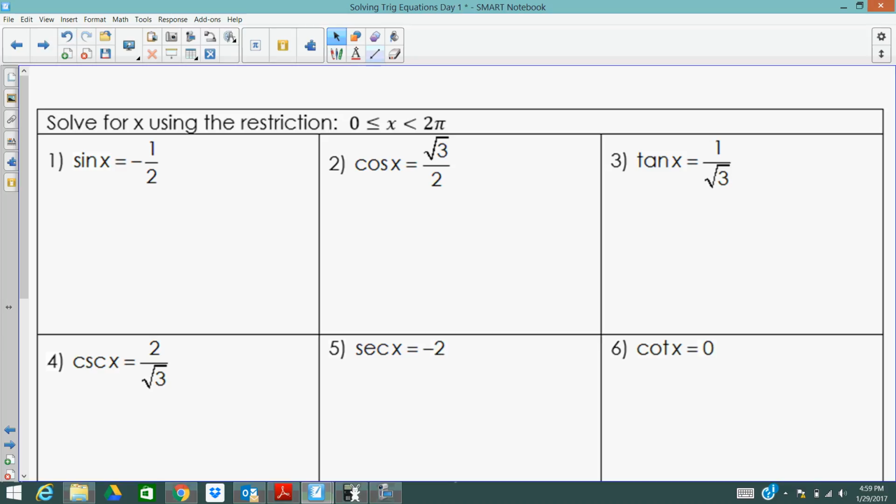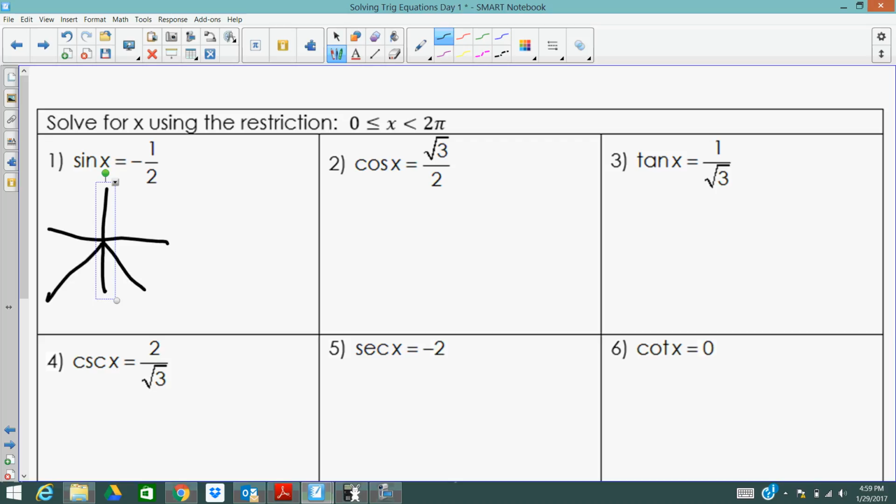So we're going to first start by drawing our axes. Now, use our all students take calculus to figure out where theta is going to be. So sine is positive in quadrants 1 and 2, which means sine's negative in quadrants 3 and 4. So now we're going to draw our triangle.